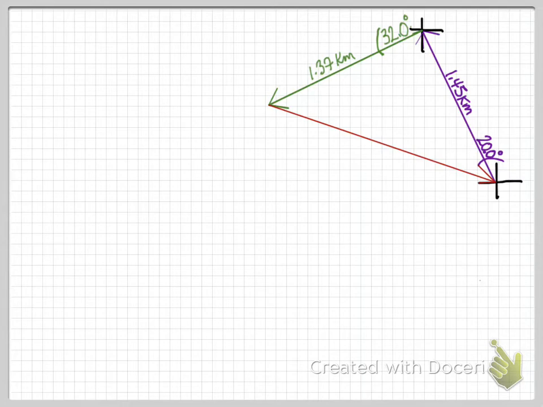Let's do that. It's sometimes easier to find the overall first because you've got the hypotenuse of the overall triangle. That's what your resultant vector is always going to be. So I'll go ahead and draw these in with a dotted line.